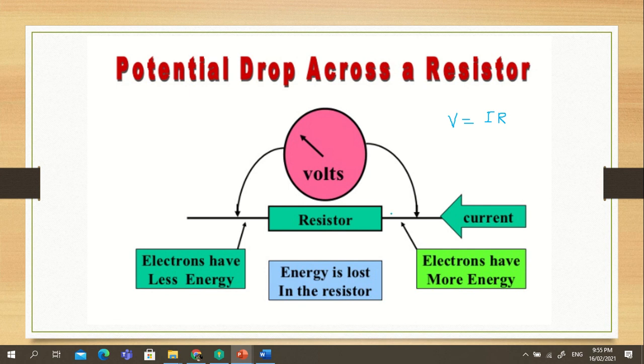So there will be lower current. The lower current here multiplied by the resistance, so that's why your reading here will be less. So in this case we have energy lost in the resistor. So electrons have less energy, then electrons have more energy here at this point.